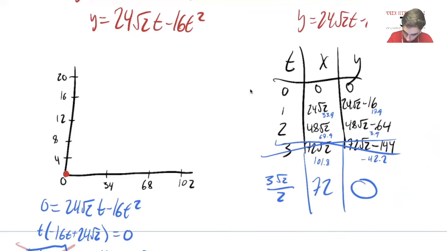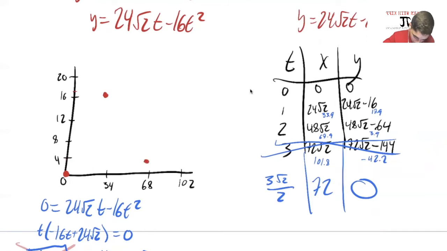Then we go 33.9 to 17.9. So I'd say 17.9 right about here, and 34.9 is basically at the 34 mark right there. And then we can also go 67.9, 3.9, 3.9 is right here. So boom.